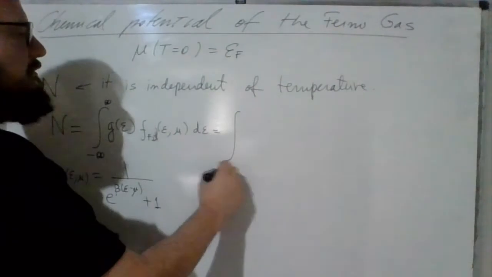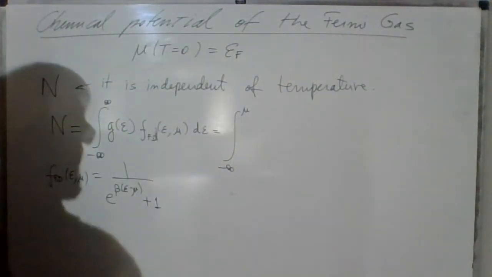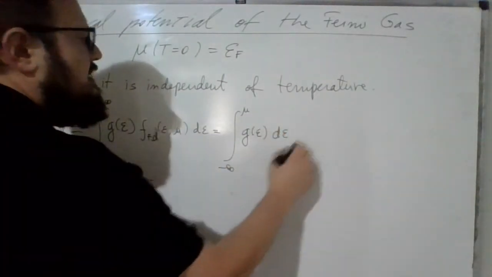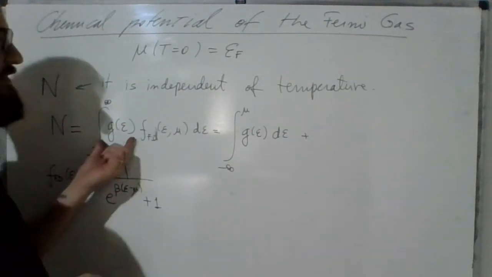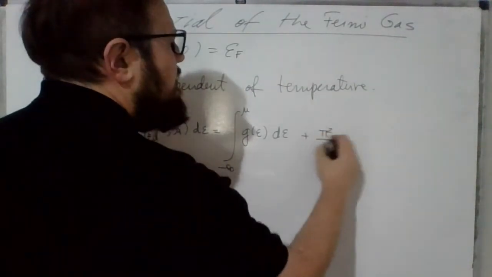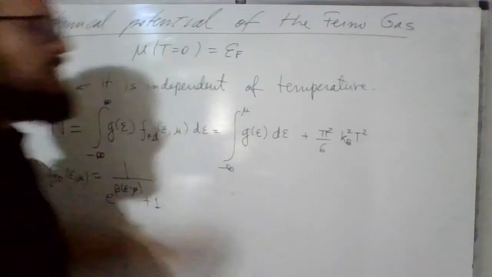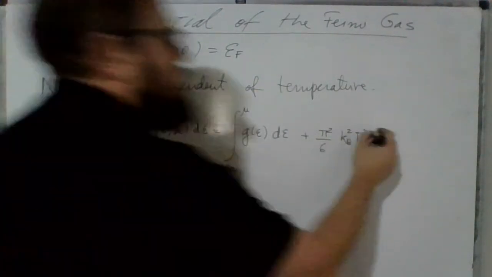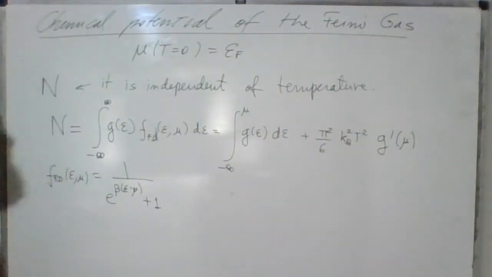So we go from minus infinity to the chemical potential, G of E times dE, plus the integrand here, which is just the density of states, pi squared over 6 kB squared, temperature squared, because it's inverse of beta squared, okay, and G prime calculated at the chemical potential here.